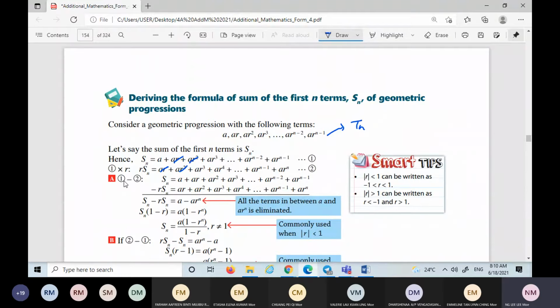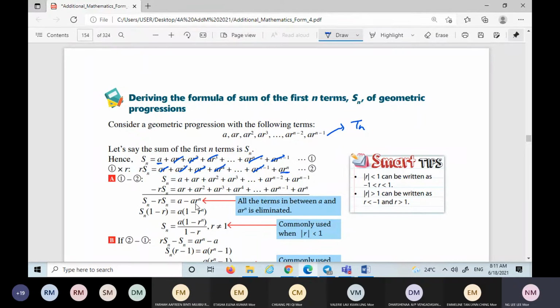The first one uses the first equation minus the second equation. You will end up with Sn minus R Sn on the left hand side. On the right hand side, all this you can cancel off, only leaving A minus A r to power n.